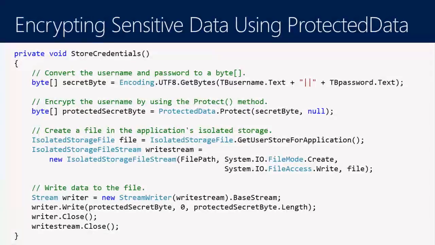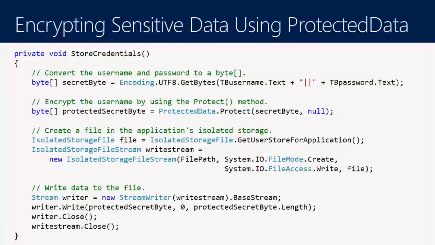Well, what Protected Data does is it creates a key internally on the phone, and it's a machine key. It's owned by the OS, a secure part of the OS. The OS knows about this key, it derives it, and it maintains it. And there's absolutely nobody it will ever reveal that key to.